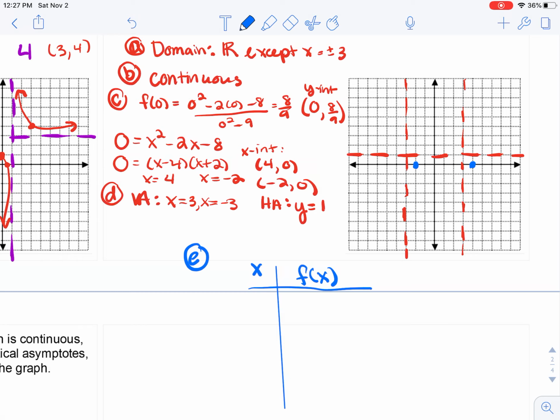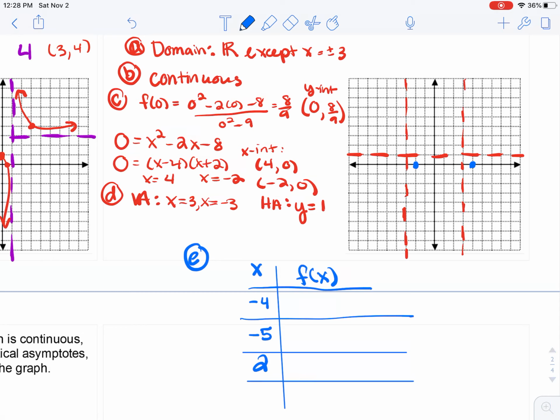So I would just plug in negative 4 and negative 5. And then we want some values that are in between negative 3 and 3. Well, I already have 1 point, so I probably would just need one more to get the shape of the graph. So in between negative 3 and positive 3, I would graph 2.